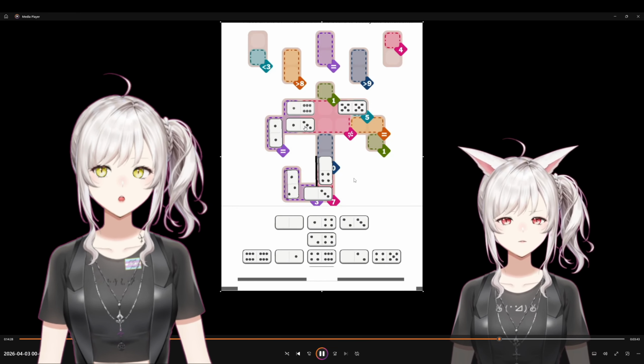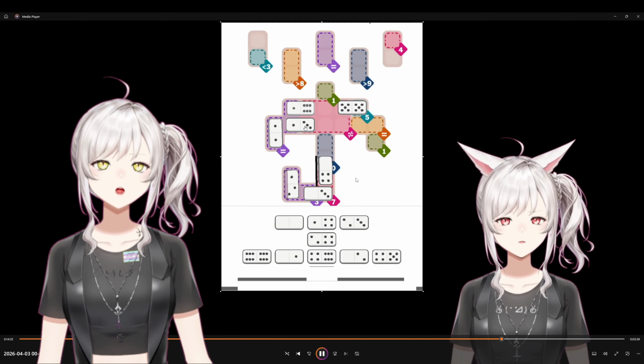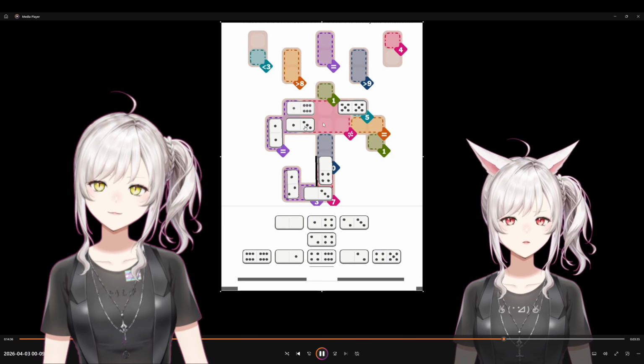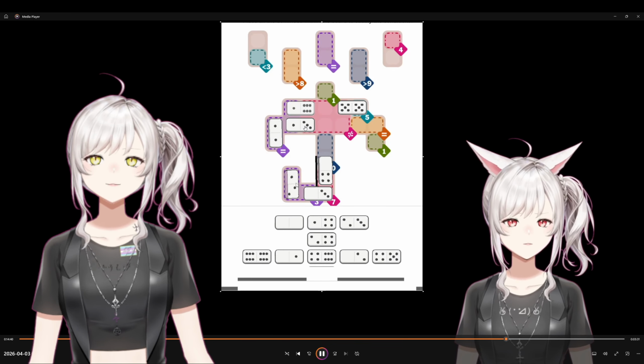That would work. Now what can we put? 0, 1? Hypothetically, no, actually, with the 1 placement. Oh.